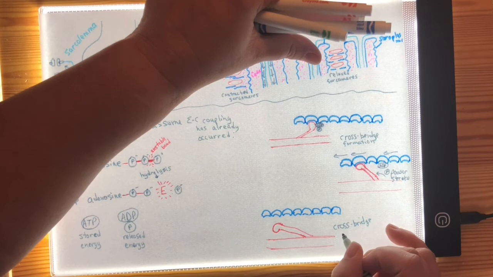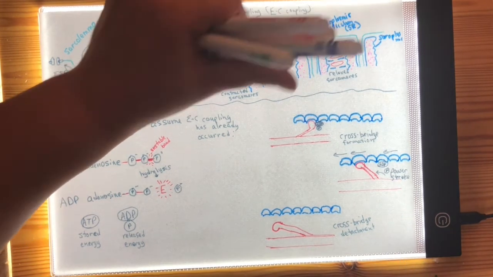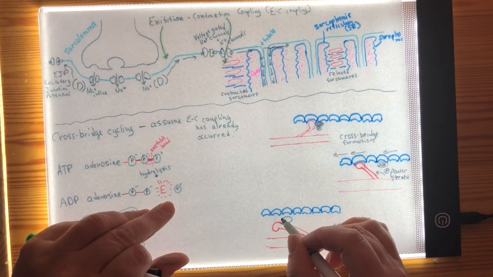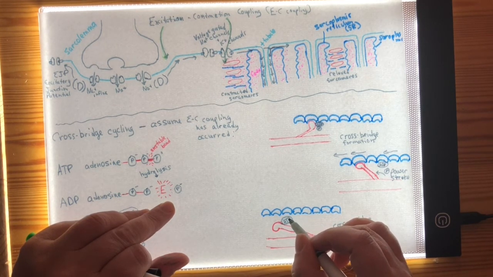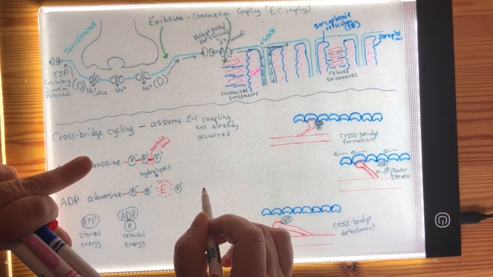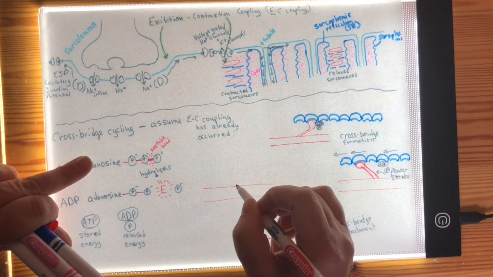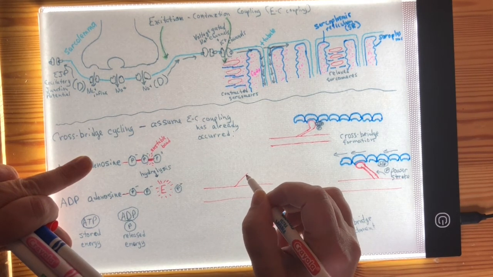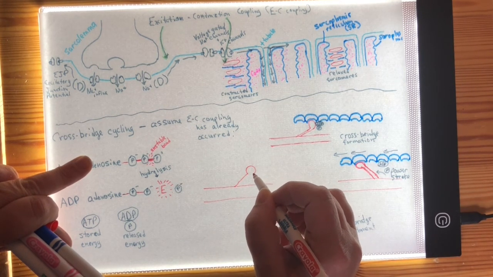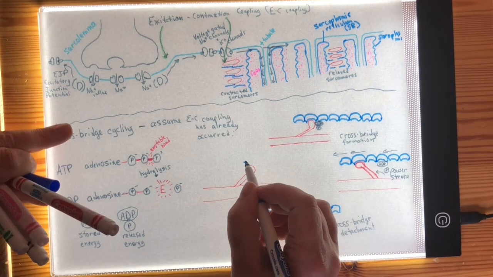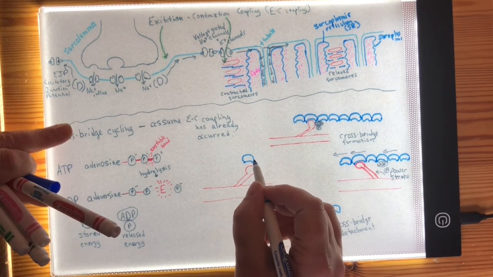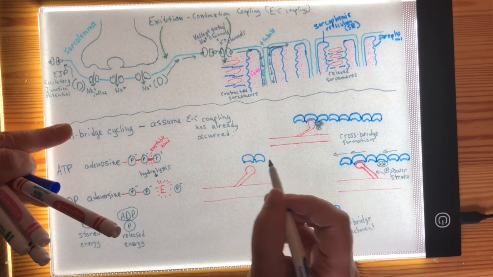And what actually caused the detachment of the myosin head from the actin filament was the binding of a whole molecule of ATP. Now, it hasn't hydrolyzed yet, so it hasn't released its energy. But it turns out just the binding of the ATP to the head is enough of a shape configuration change that the head feels free to release from the actin filament, from the thin filament.